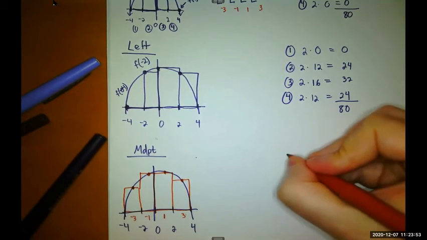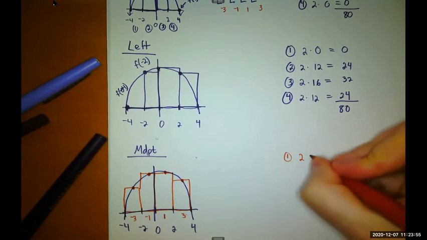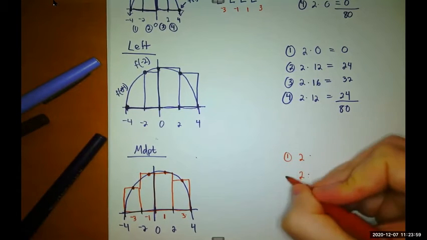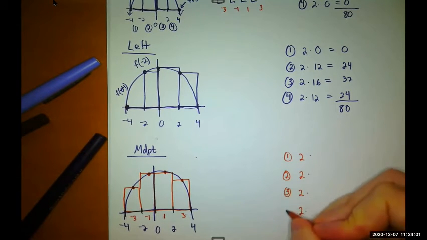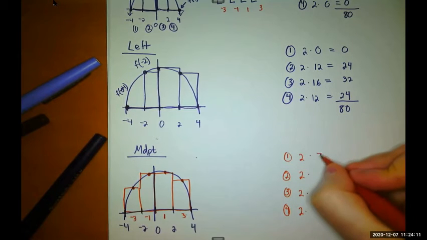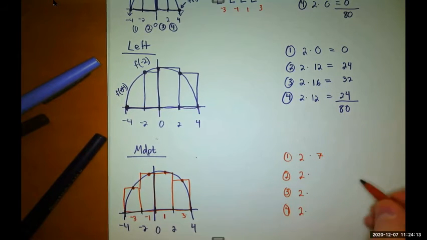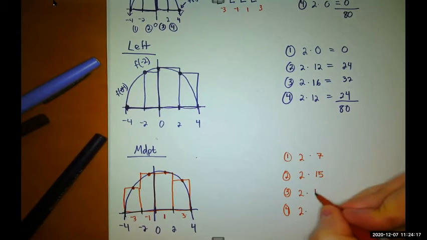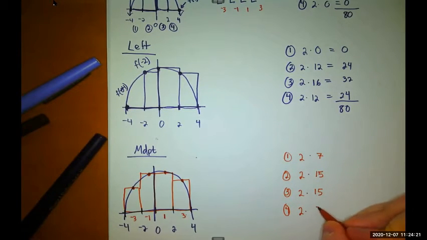Okay. All of these have a base of 2. We have different heights this time. f of negative 3, 16 minus 9, that's 7. f of negative 1 is 15. f of 1 is also 15. f of positive 3 is 7 again.